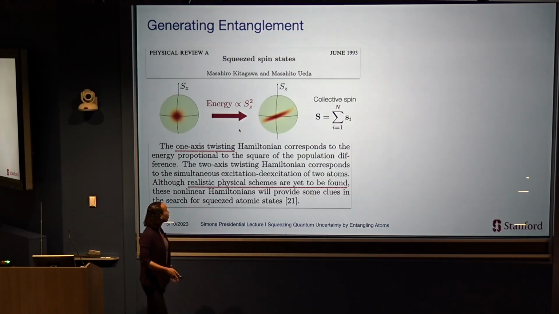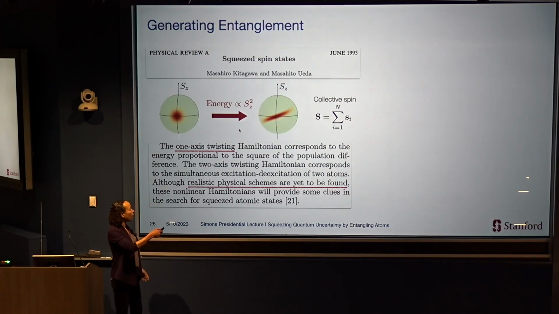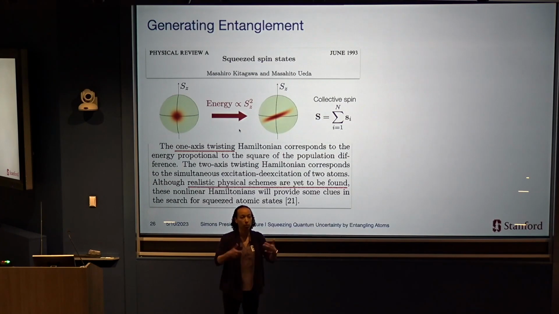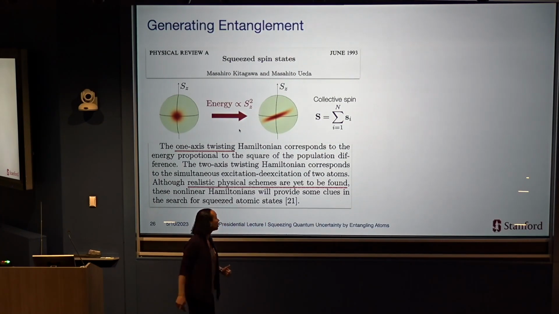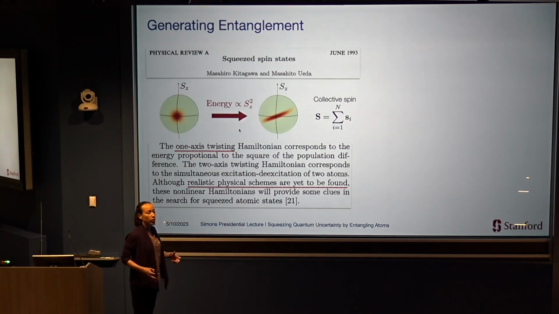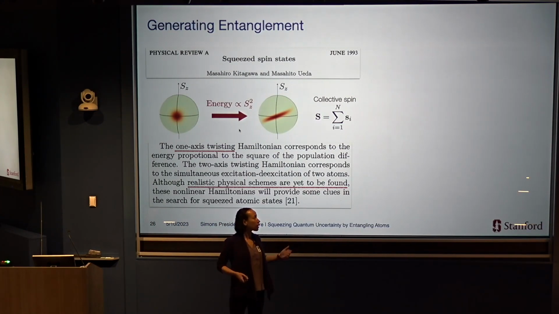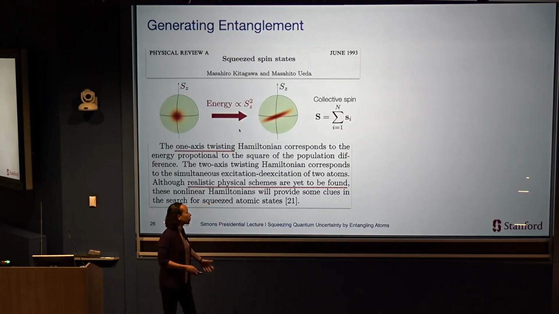And the basic idea was to have a system where I have this thing I call S_z, which is essentially the population difference between the number of spins that are up and the number that are down. And they wanted a system where the energy scales as that population difference squared. One way to think about this is if I just have spins in a magnetic field, the energy will be proportional to the number of spins aligned versus anti-aligned with the field.